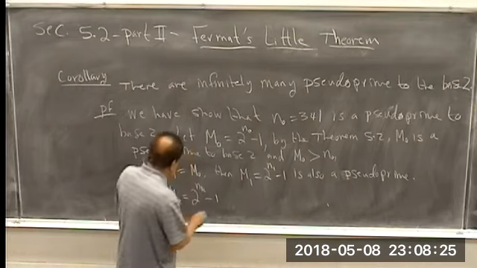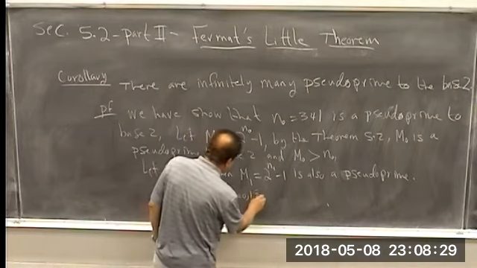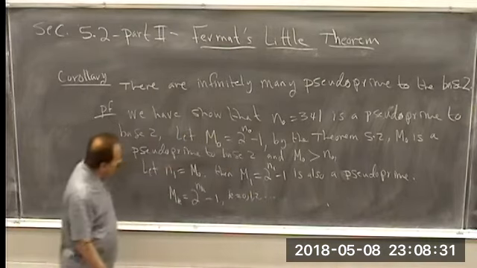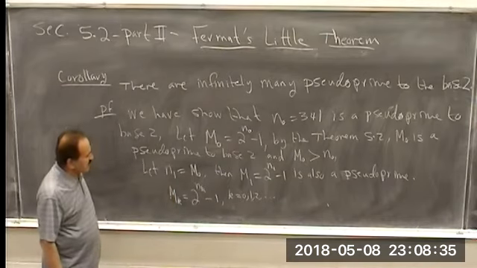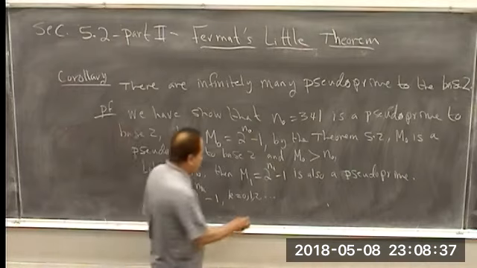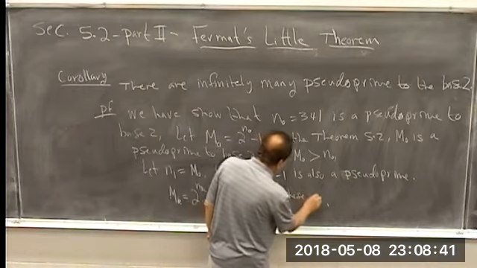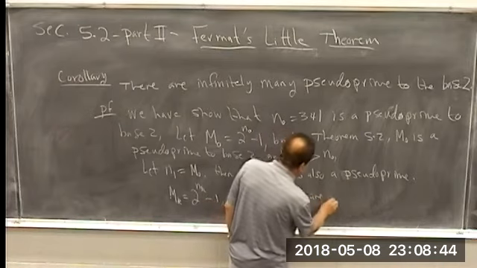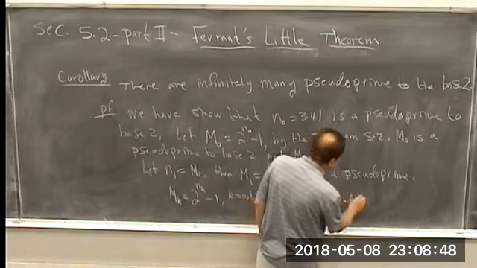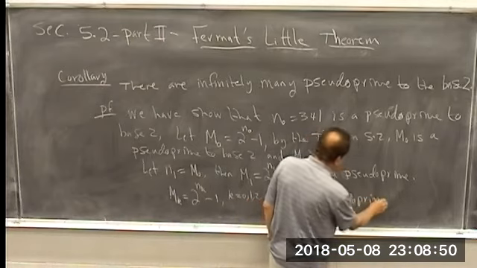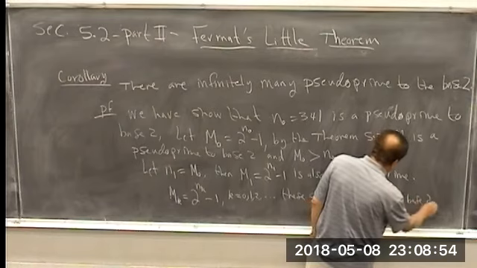All right, where k is equal to 0, 1, 2. So all of these are actually defined in terms of m sub k. So these are pseudoprimes to base 2.